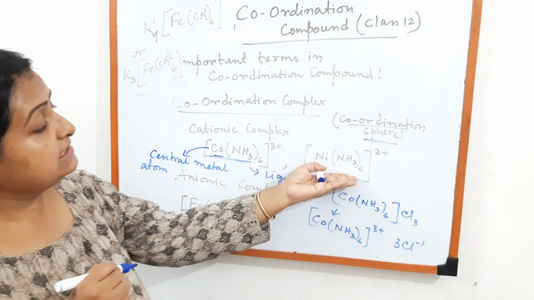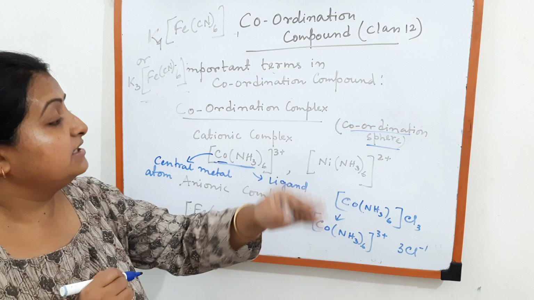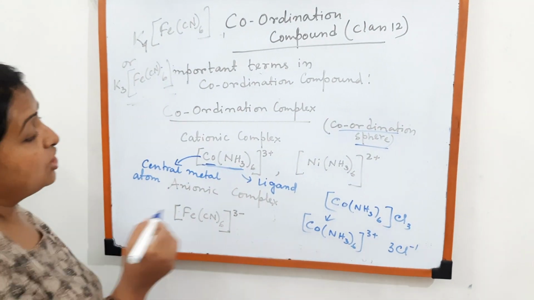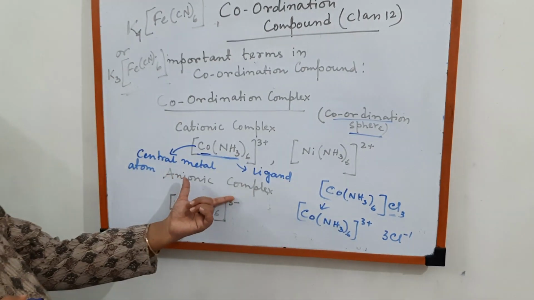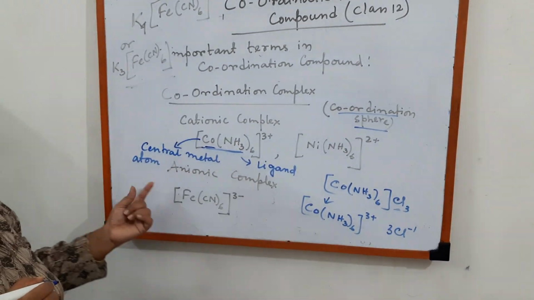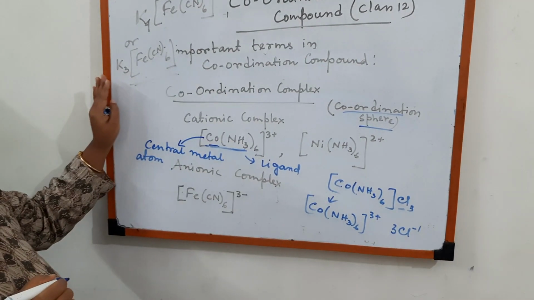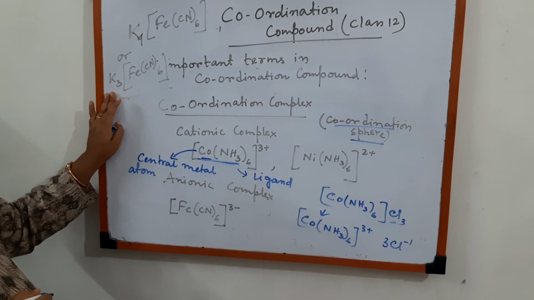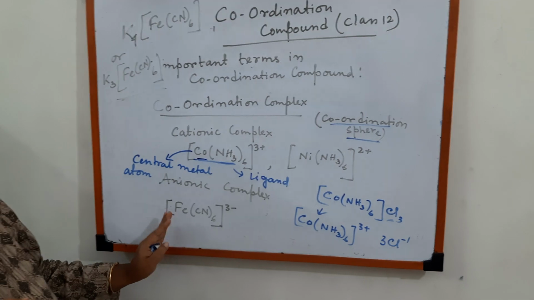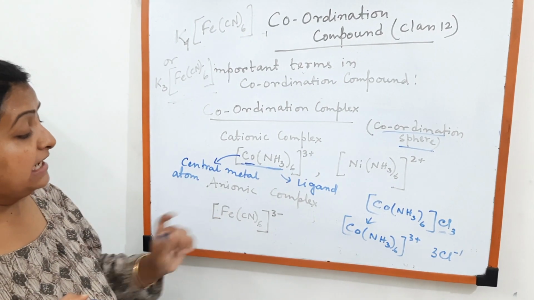And simultaneously this can be generated from different compounds where the counterpart is an anion. Now for anionic complexes, the counter ion part should be a cation, or normally we can find out they are the metals, but they are not coordinately bonded with the ligands.